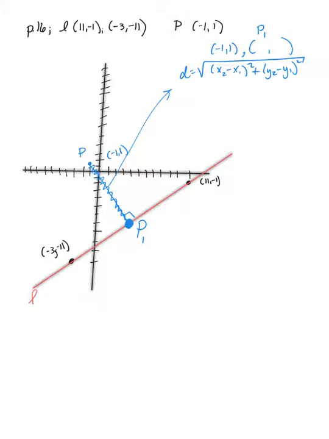To find that point, I've got to solve the system of equations of the red line and the blue line. Because when I solve a system of equations, I'm finding out where things intersect.